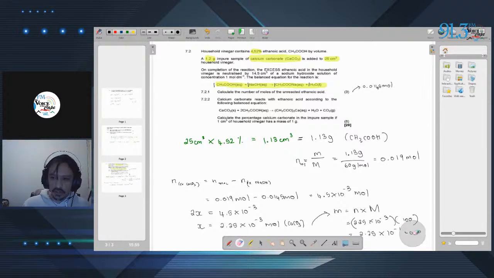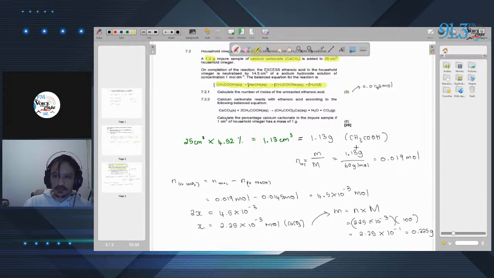This is the same as 0.225 grams. So out of 1.2 grams, there was only 0.225 grams of calcium carbonate that was able to react with the acetate. So now we just need a percentage. Well, that's fairly simple. So now we want to work out the percentage of calcium carbonate.